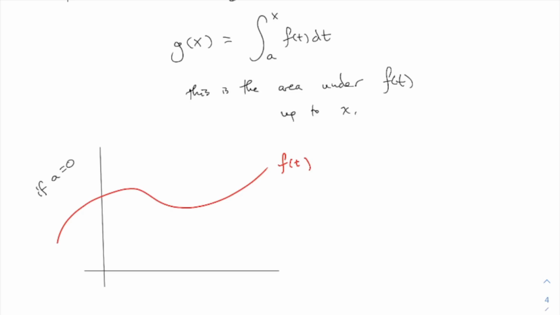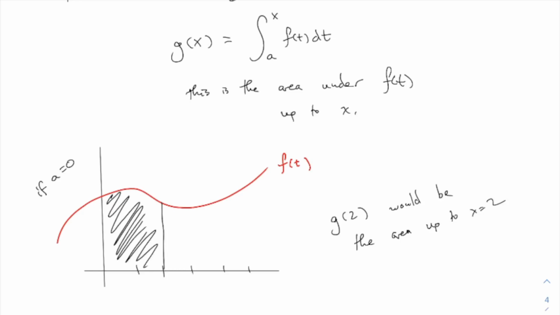I'll mark off some points here. What is g of 2? It would be the area up to x equals 2. So on the picture, that's this. You take the area going up to where x is 2. All right, so that right there, that's g of 2.